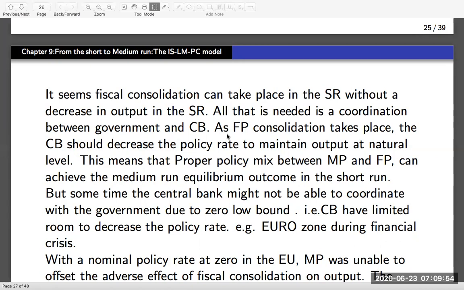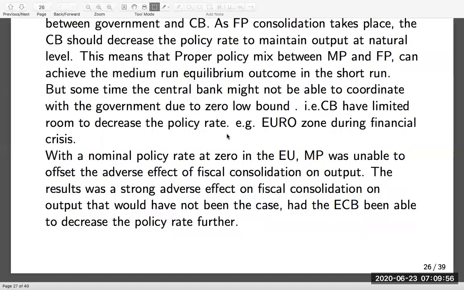In the Eurozone, that was a problem. With the nominal policy rate at zero in the EU, monetary policy was unable to offset the adverse effect of fiscal consolidation. Remember Greece went into crisis. I think Italy and Ireland also had an issue where they couldn't use their central bank to counter the economic crisis.